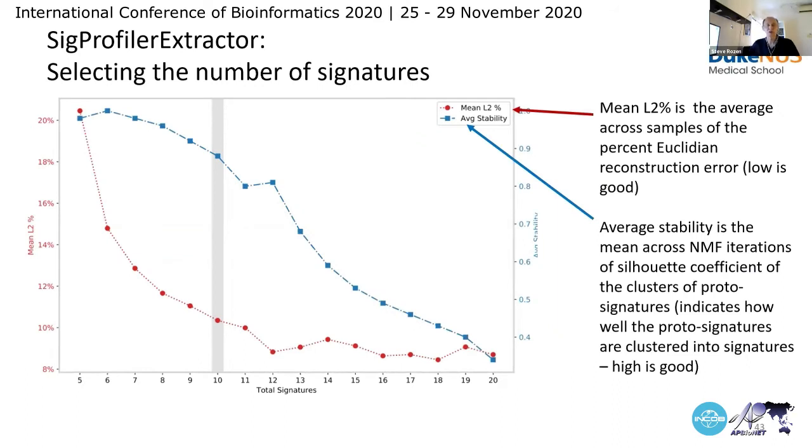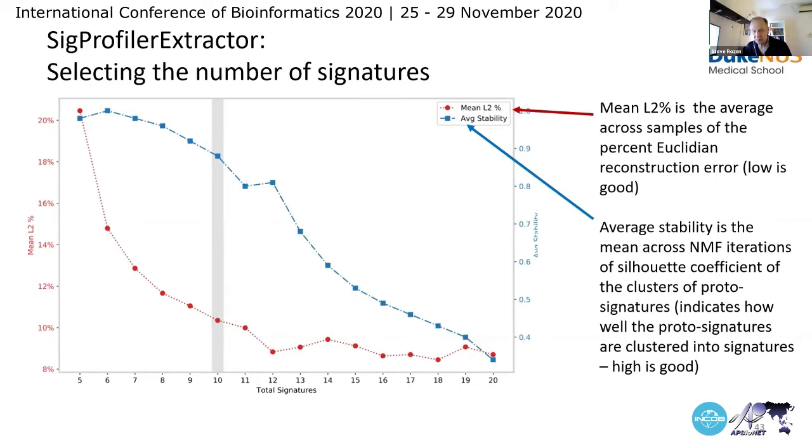So this particular software, SigProfilerExtractor, has one approach to selecting the number of signatures. It looks at the reconstruction error, which is in red, and then the stability of the signatures, which is based on clustering the signatures across all the iterations. So one NMF might come up with slightly different signatures than another NMF, and you have to combine them back together by clustering.